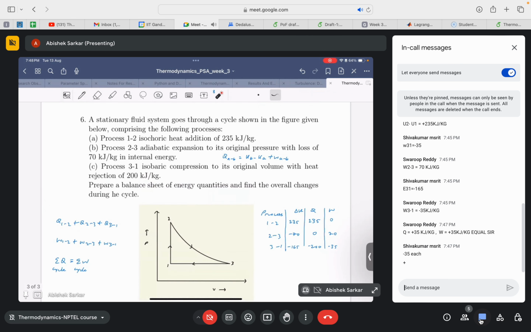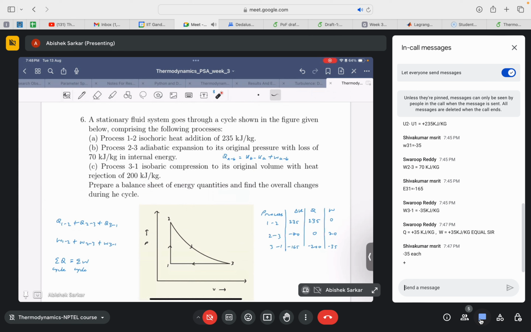This is something interesting that I wanted to show you. Once you solve the value of the internal energy, the heat interaction and the work interaction for a cyclic process, you'll see that once you sum up all the work interactions and heat interactions, they should be equal to each other, right? And this is how you will find that your calculations are in fact correct.